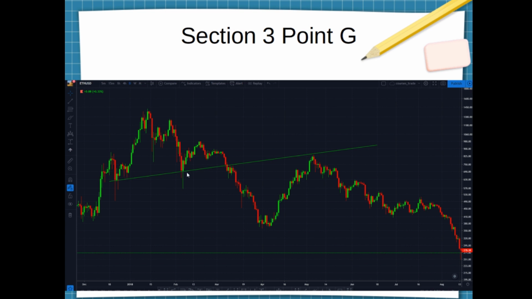Now this is pretty risky because that's just two touches, but here we got a violation. Okay, this violated. And it wasn't a very important trend line, but what I want you to realize is that on the way back up, this served as a dynamic resistance.